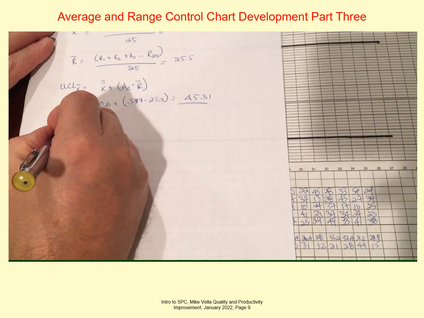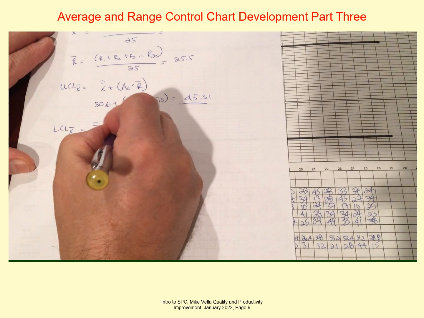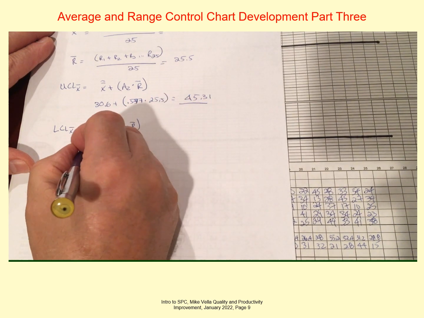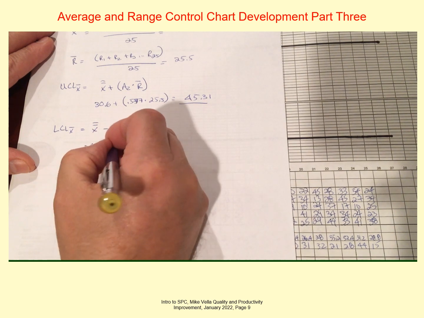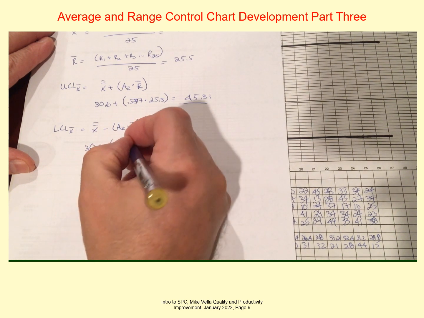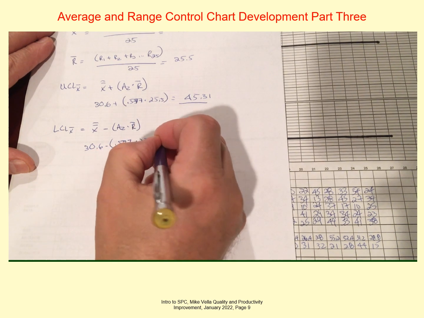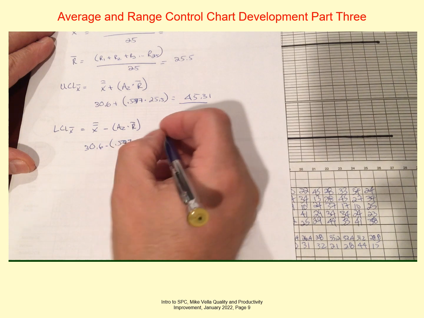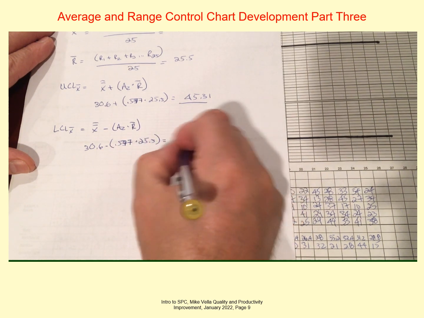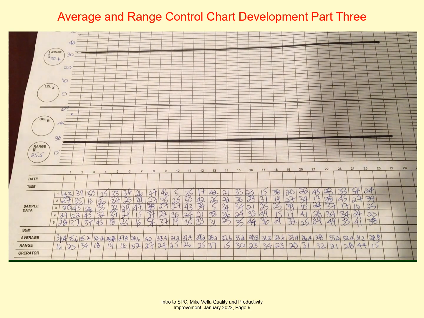So these you'll find are symmetrical about the mean. The lower control limit, X bar, is the X double bar minus A2 times R bar, or 30.6 minus 0.577 times 25.5, which is 15.9. So that's the lower control limit, X bar. So why don't we find those numbers?